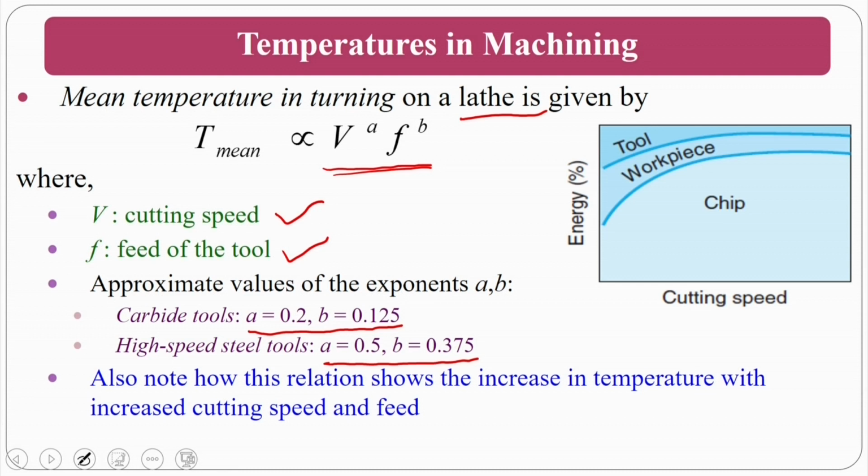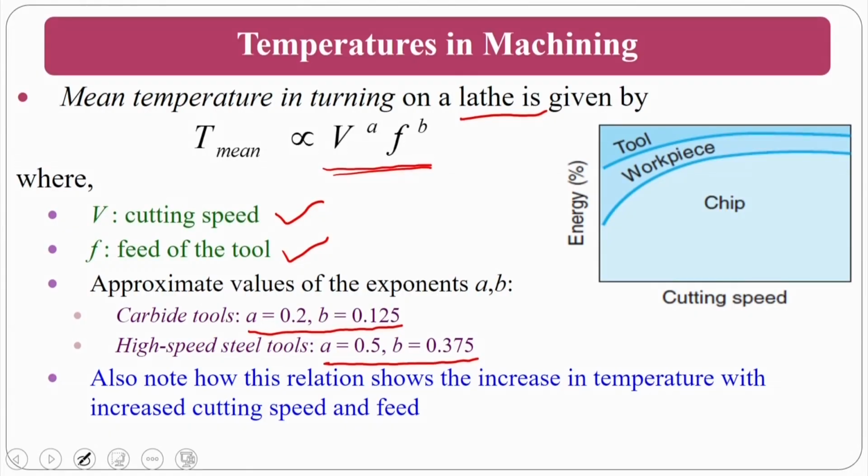That's why 0.5 and B. Also note that the relation shows the increase in temperature with the increase in cutting speed and feed. So if the cutting speed and the feed increase, and the workpiece is softer, in those circumstances my temperature goes up. If you see the cutting speed and the energy percentage, normally the tool is on the upper side, then the workpiece and the chip. Okay, so this is the dissipation.